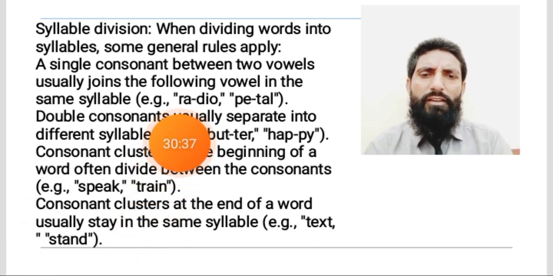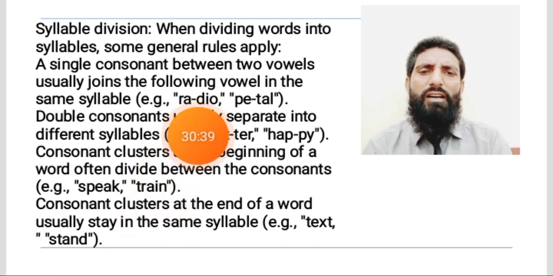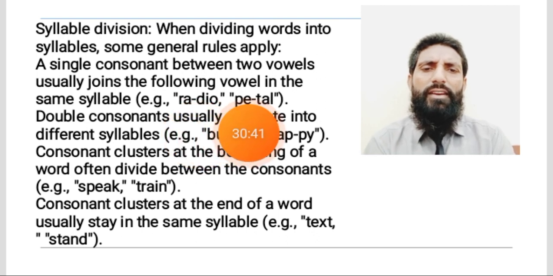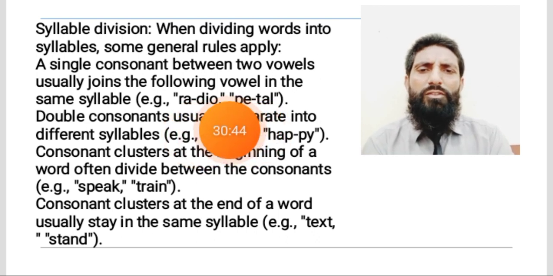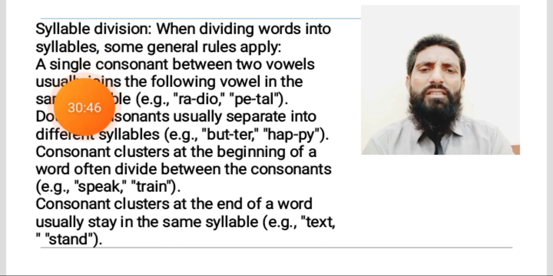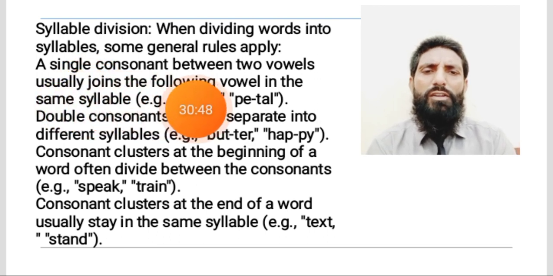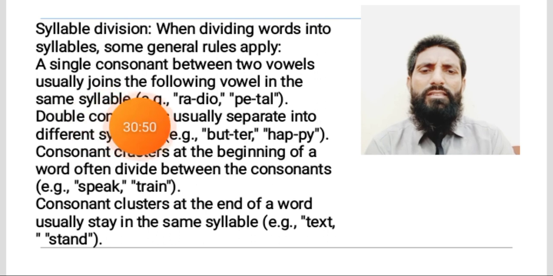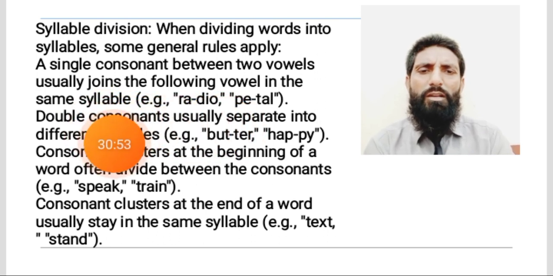Let me explain. This is a vowel A and here a vowel E. So a single consonant between two vowels usually joins the following vowel in the same syllable.